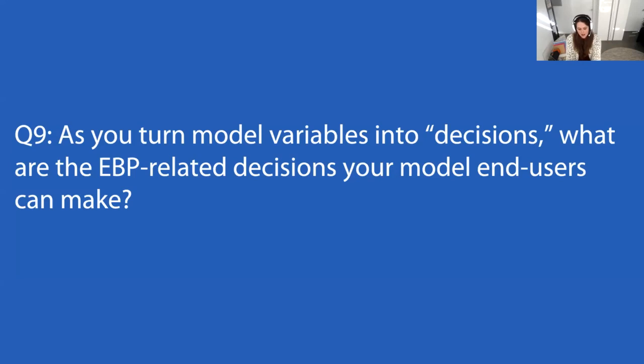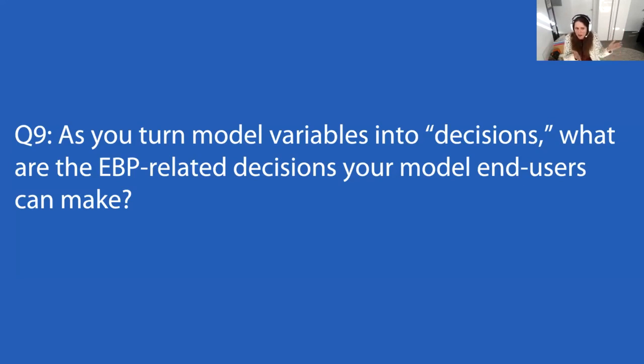As you're using these modeling scripts to turn your variables into decisions, always stay really close to what EBP-related decisions those model end users can actually make, meaning they're empowered to make. So we did not, for example, run through a bunch of simulations showing frontline staff that if they just had more money and resources and hired more staff, something that's completely out of their control and completely disempowering.